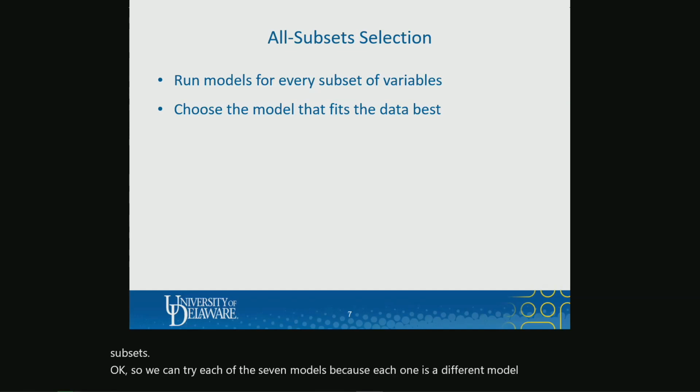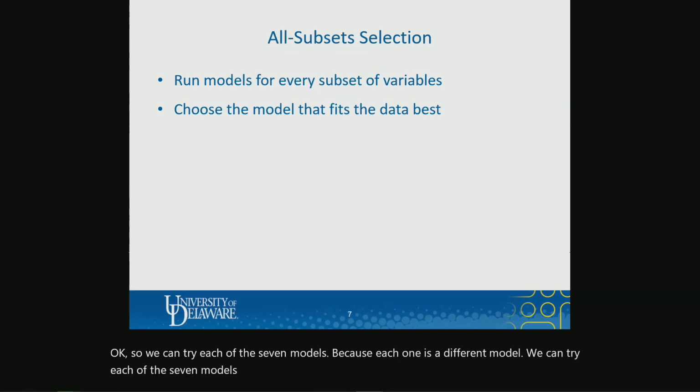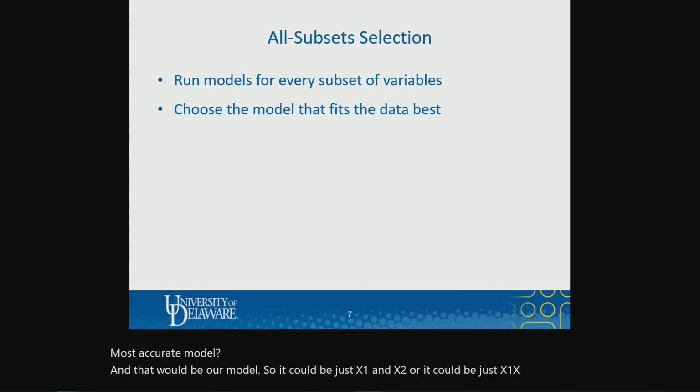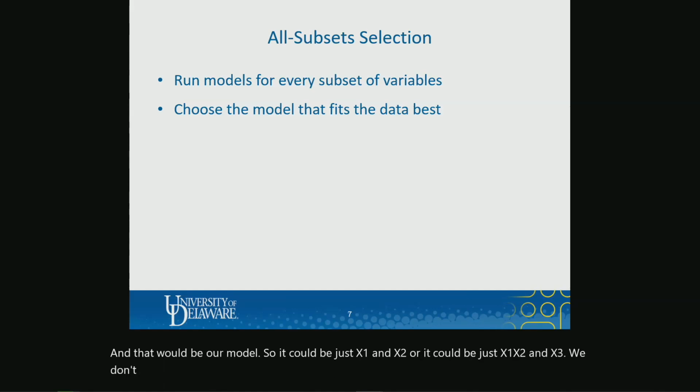We can try each of the 7 models and see which one results in a higher accuracy of the model on the test set, and we just pick the most accurate model, and that would be our model. So it could be just x1 and x2, or it could be just x1, x2, and x3. We don't know.